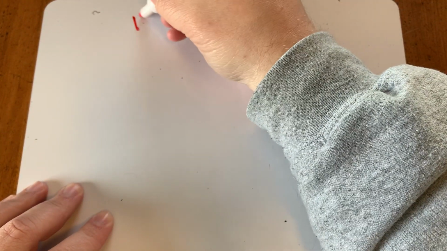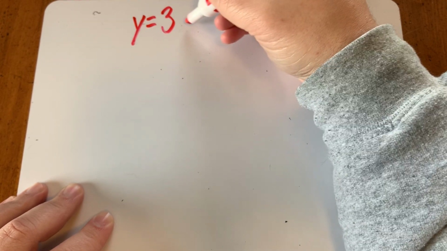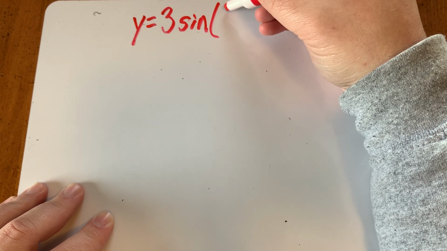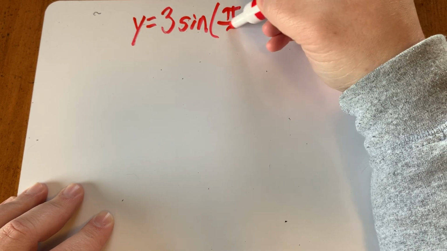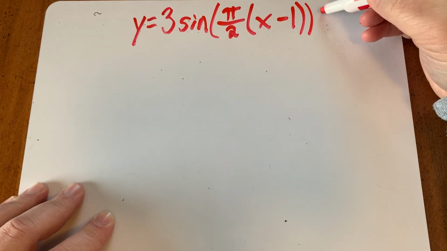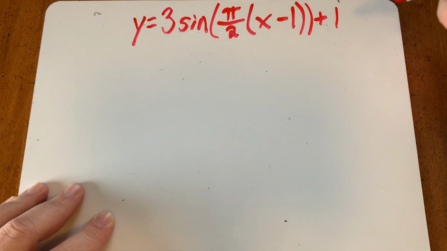Let's say we had y equals 3 sine of pi over 2 times x minus 1, plus 1.